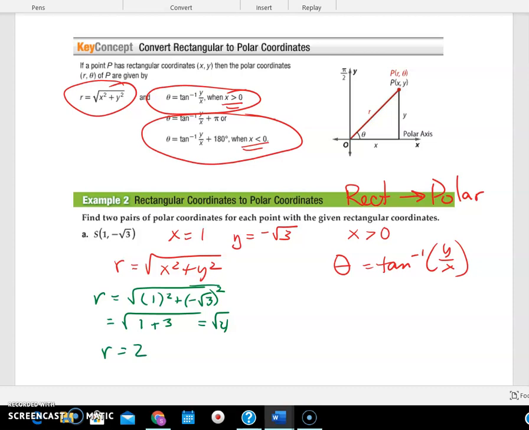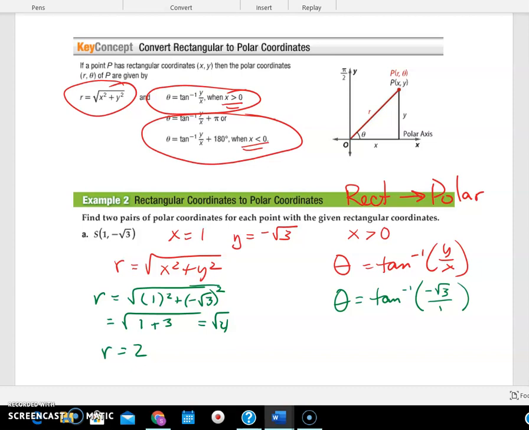And then for theta, I'm going to do the inverse tan of negative square root of 3 over 1. If you use your calculator and put it in degrees, it's probably a little bit easier because it's easier to transfer mentally.